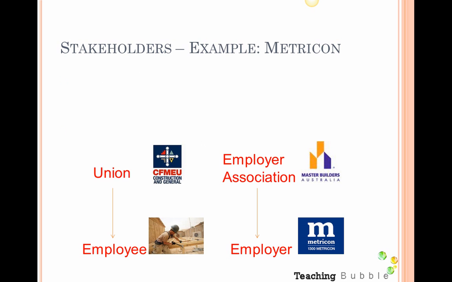Next, the union. In the building and construction industry, you've got the CFMEU, which is the union which represents the employees, and then you've got the Master Builders Australia, which is the employer association, which represents Metricon, or can represent Metricon if Metricon requires them to do so.